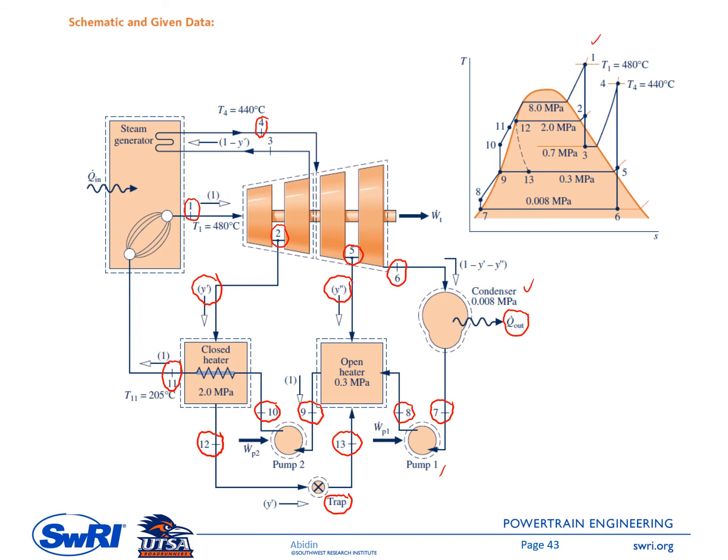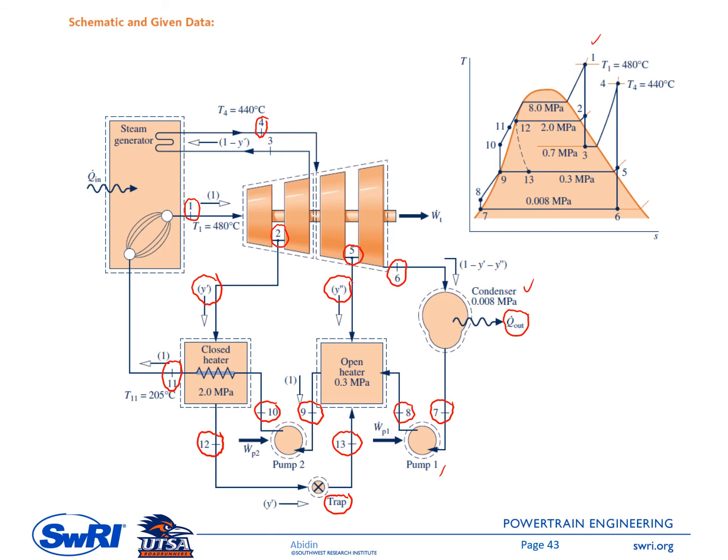Okay, state number 3, the pressure is given there, and the entropy of state number 3 equals the entropy at state number 1. You can see on this TS diagram, the line connecting state 1 to 3 is a straight vertical line. So it means the entropy of these 3 points is the same. And then there is a heating from state 3 to state 4, and the process occurs at the same pressure.